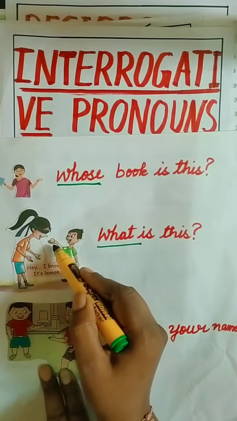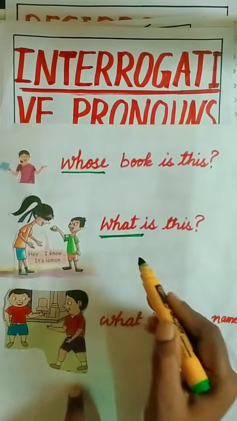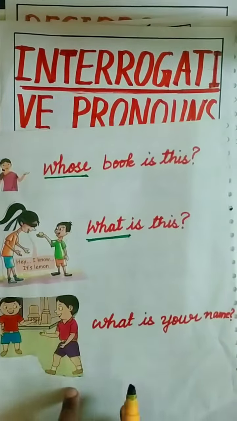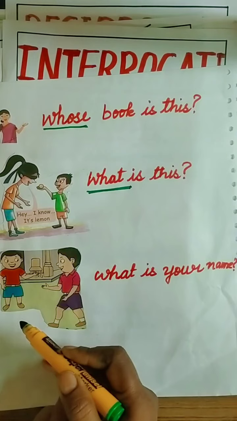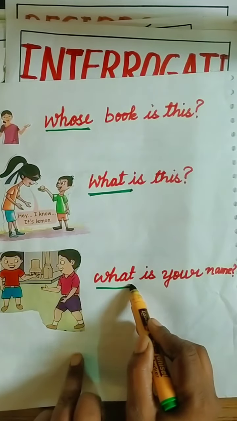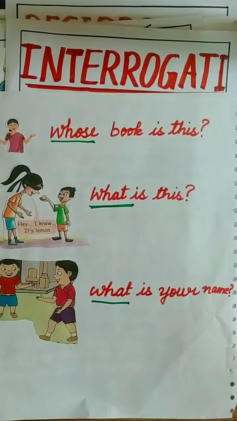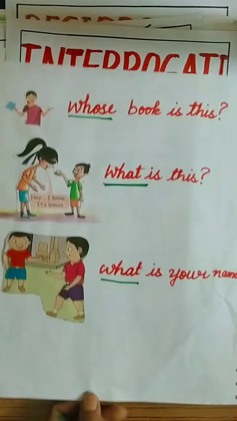By smelling, right? So what is an interrogative pronoun. What is your name? The boy is asking another boy, what is your name? Whenever we ask a question, we are interrogating, and those pronouns are known as interrogative pronouns.